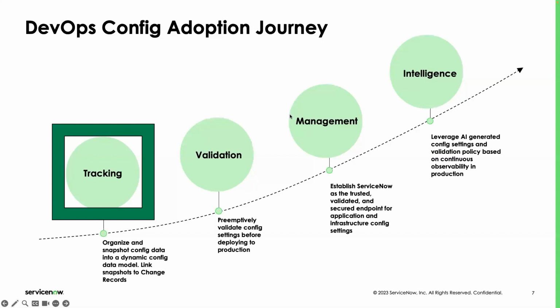And then management of this config data, okay, is very important, because once you start centralizing it, it starts making sense to actually use the data you have to generate the files that are necessary.